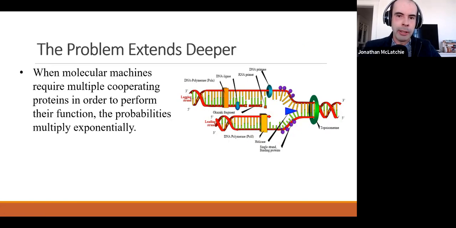And as we talked about in the first session, the DNA replisome or replication machinery requires a myriad of different functional protein components that have to be specifically crafted in order to fulfill their respective roles of synthesizing DNA. So the probabilities then multiply exponentially as we deal with these molecular machines that require a whole concert of multiple protein components that have to be specifically crafted to fulfill their respective jobs in order to accomplish a high-level objective, such as replicating DNA.